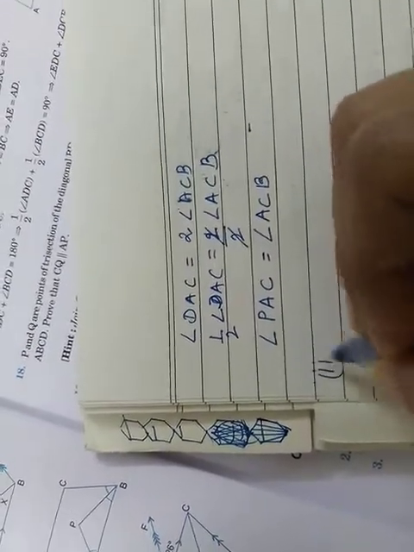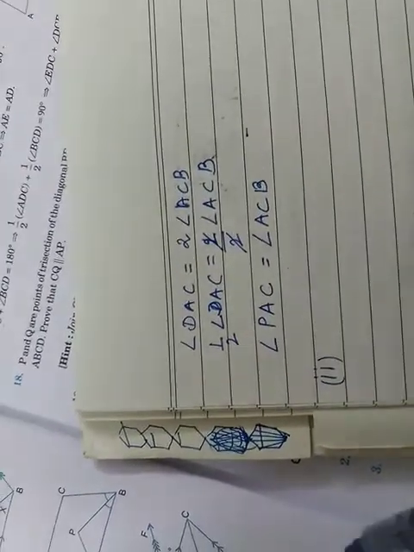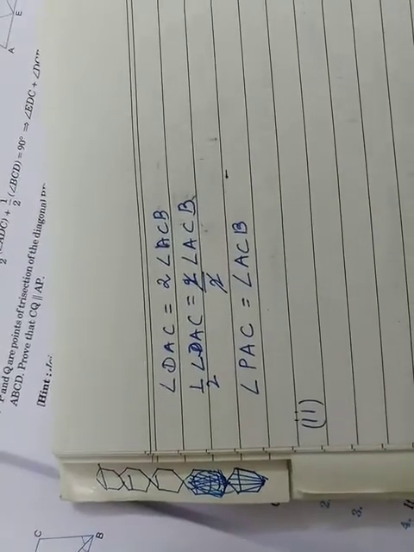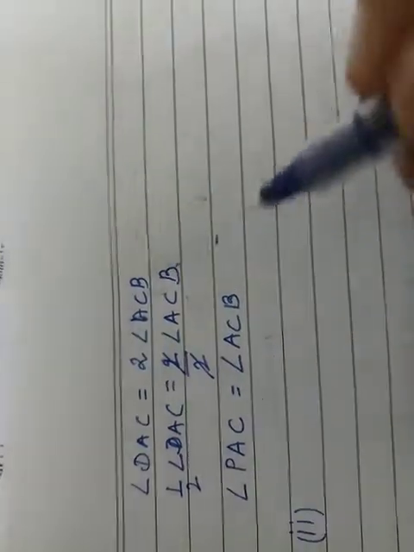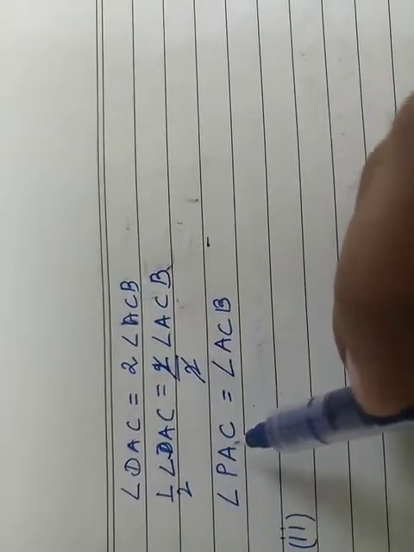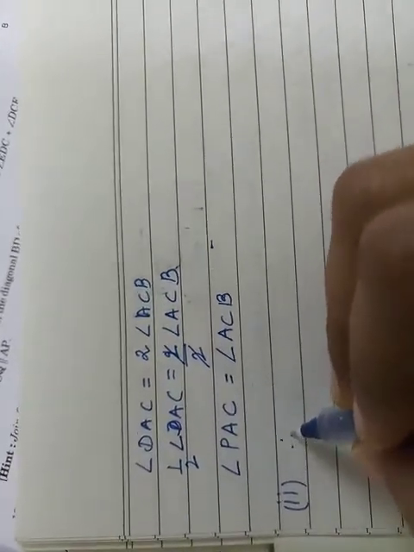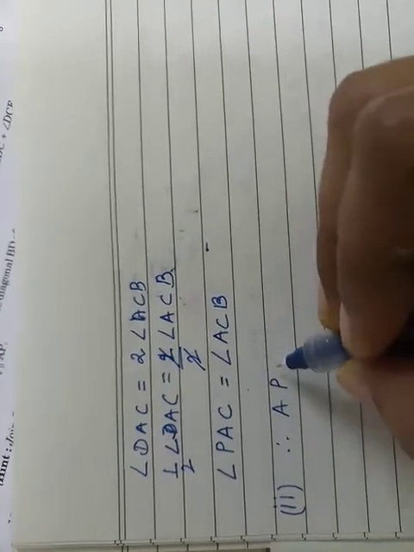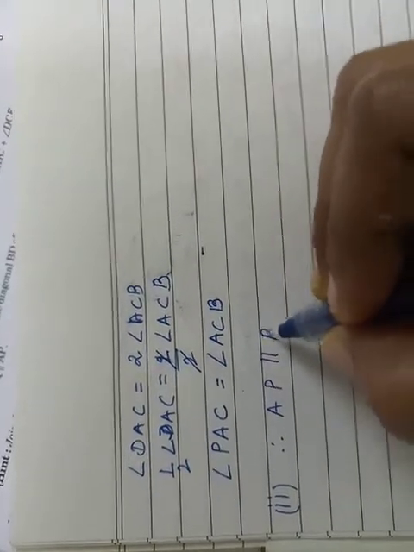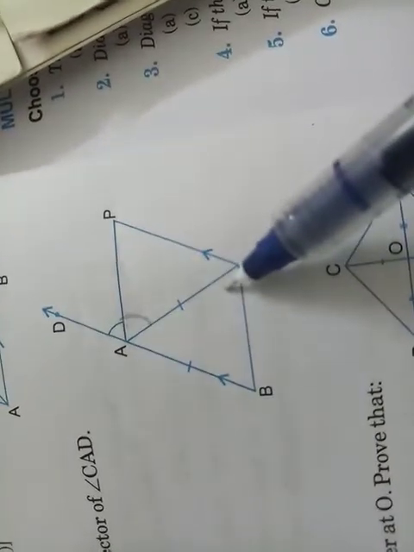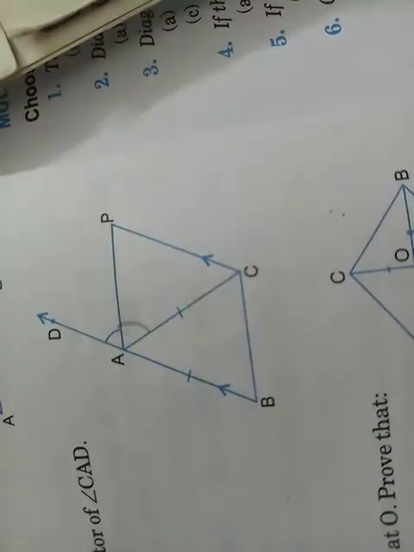Second part we have to prove that ABCP is a parallelogram. As PAC is equal to ACB, therefore AP is parallel to BC, as alternate angles are becoming equal. These two angles became equal just now. So therefore line AP is parallel to line BC.